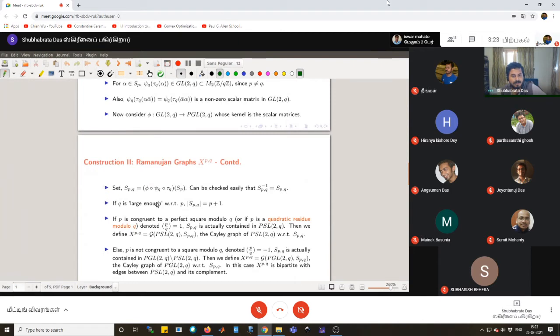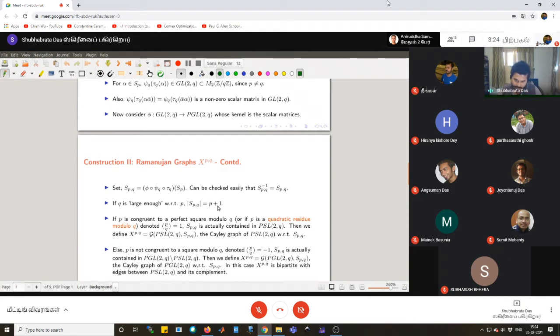Now if Q is large enough, and that large enough means Q is greater than 2 times the square root of P, then we can show that we don't have any proper quotienting happening on this set.